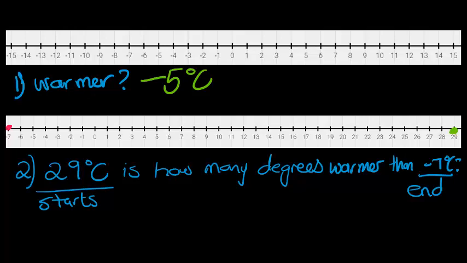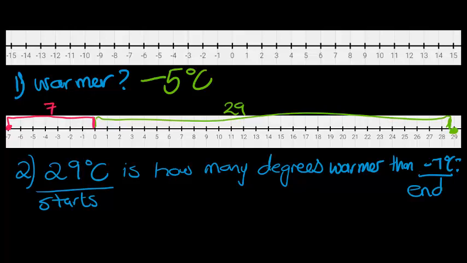They are asking what is the change in between, right? On the number line, to go from 0 to 29 is 29, and to go from 0 to negative 7 is 7 jumps. So in total, it's going to be 29 plus 7. But how do we do this without a number line?